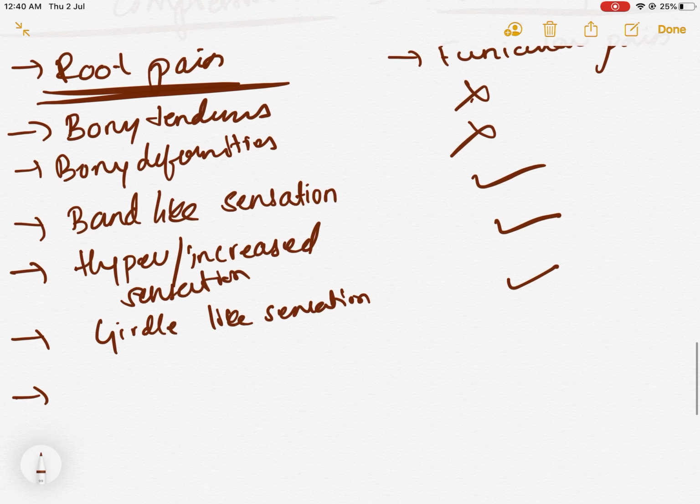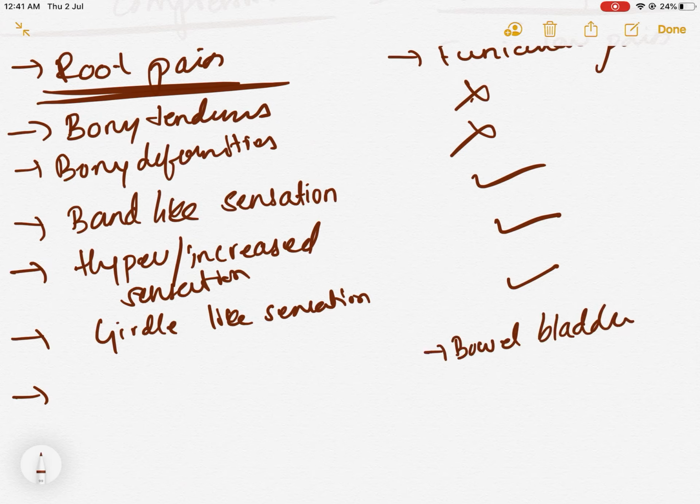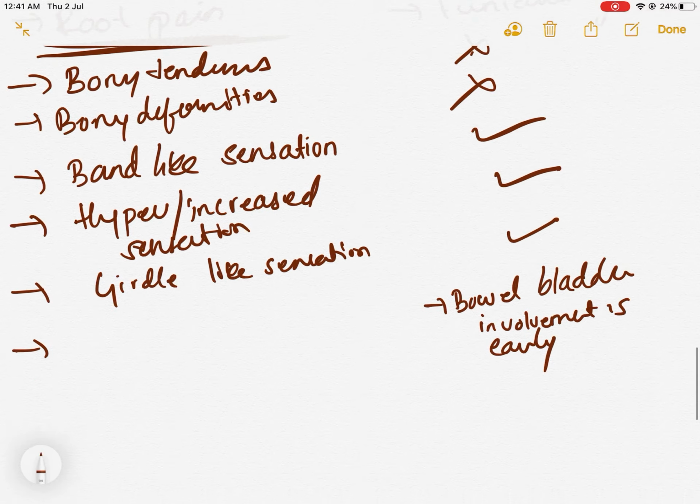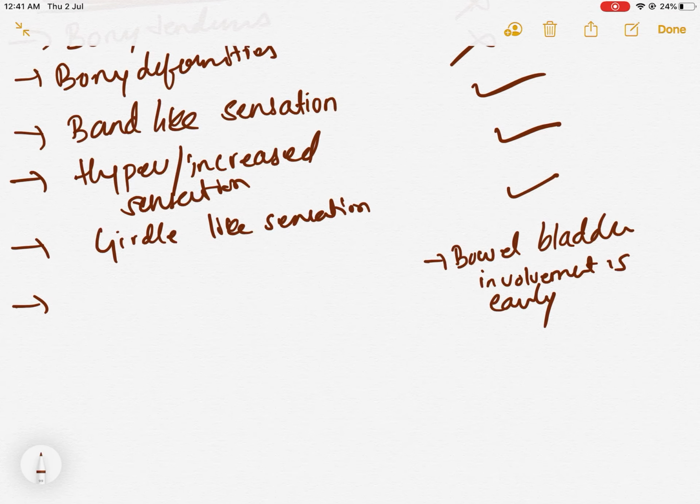Now for non-compressive myelopathy, bowel bladder involvement is early. For compressive myelopathy, if it is intramedullary, it is early.